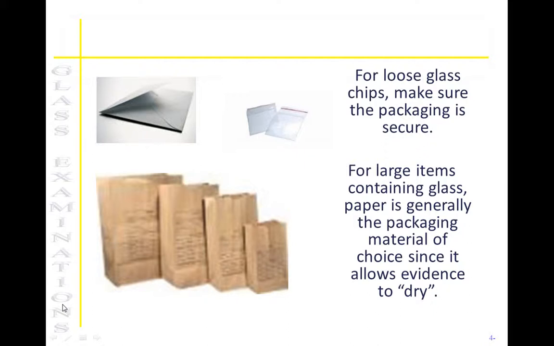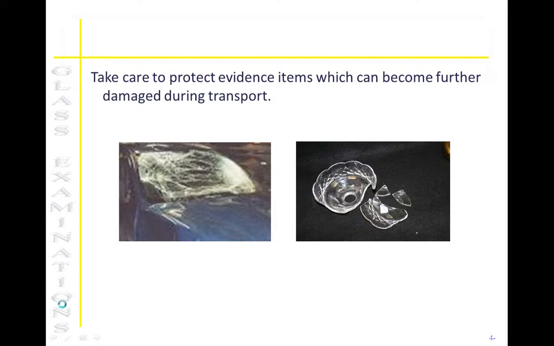If you are wanting to determine impact points, or knowing which impact point is first, second, and third, you're going to have to package that glass so that it's secure, so that it's not going to continue to break. So if you have a windshield that you're wanting to determine impact points, it might be necessary to take that windshield out of the vehicle, but then to package it so that it's not going to continue to break as it's being transported to the laboratory.